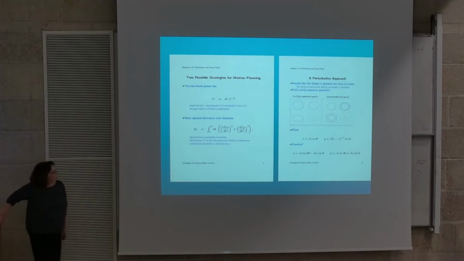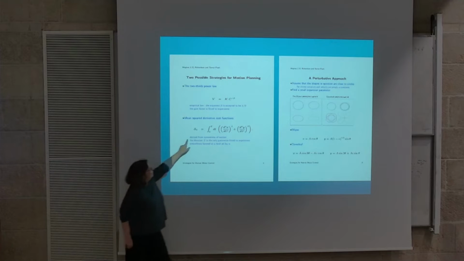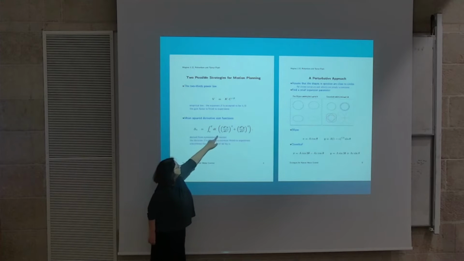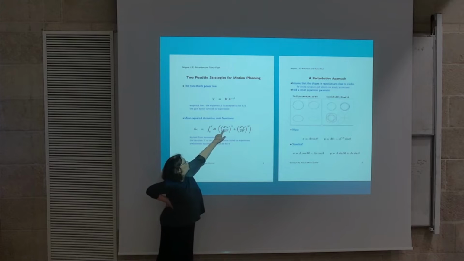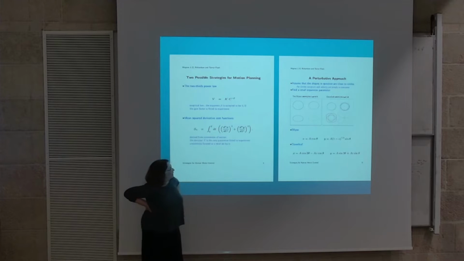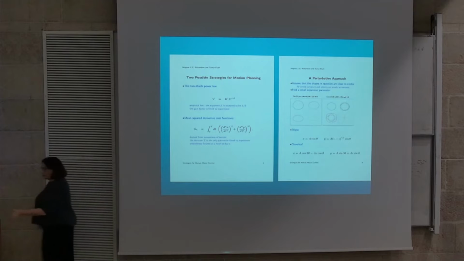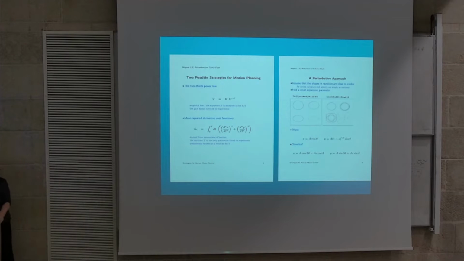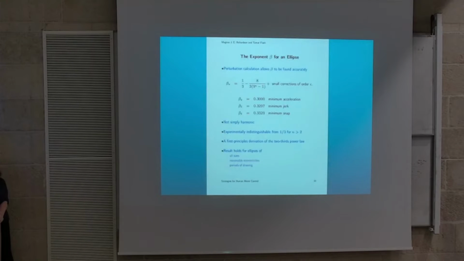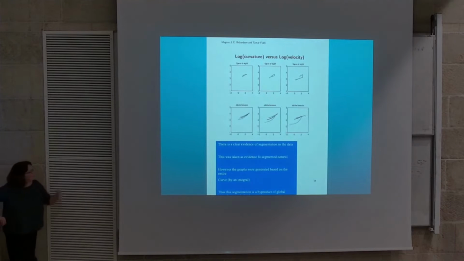The way Magnus modeled it, he took the integral of the derivatives with respect to time, but he went all the way to n, very high n. He started with a perturbation analysis of the trajectories, and he could predict the betas, this exponent, for different kinds of shapes. So this is the result.